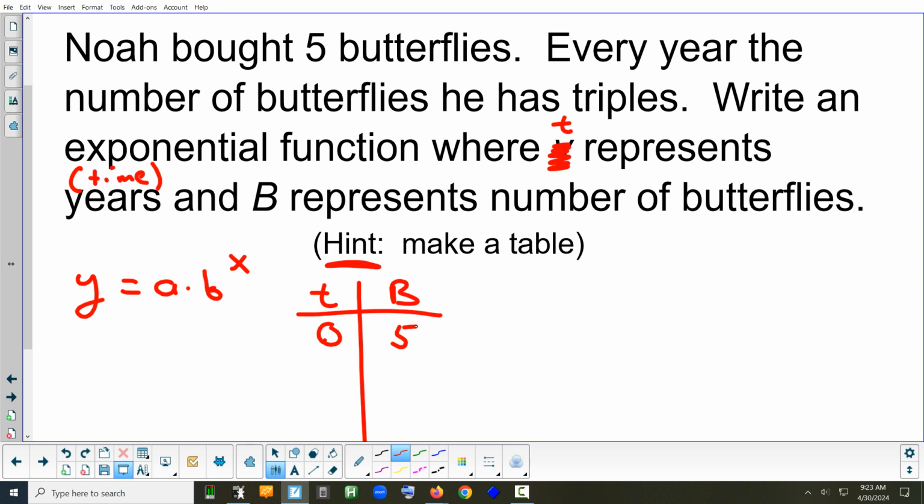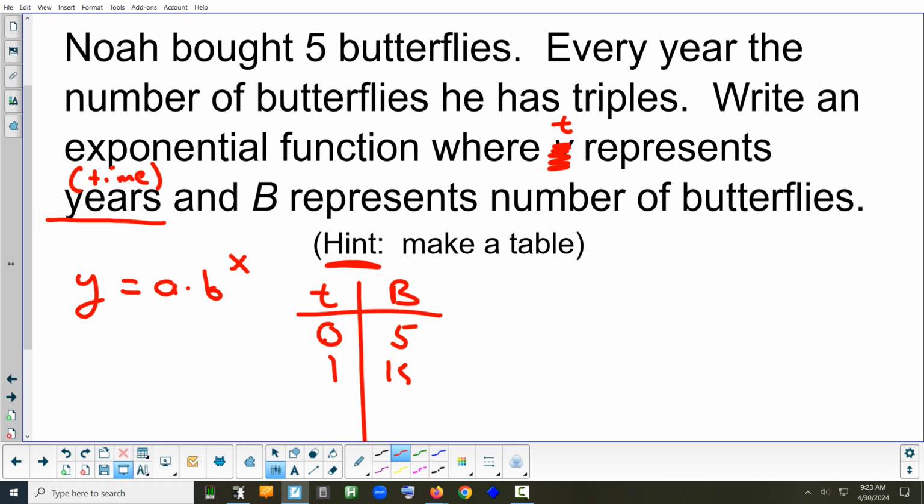All right, now, time is measured in what unit here? Well, t is the letter we're using, but what's the unit? Years. Okay. So based on the fact that the number of butterflies is going to triple every year that he has them, how many butterflies will there be at the end of the first year?